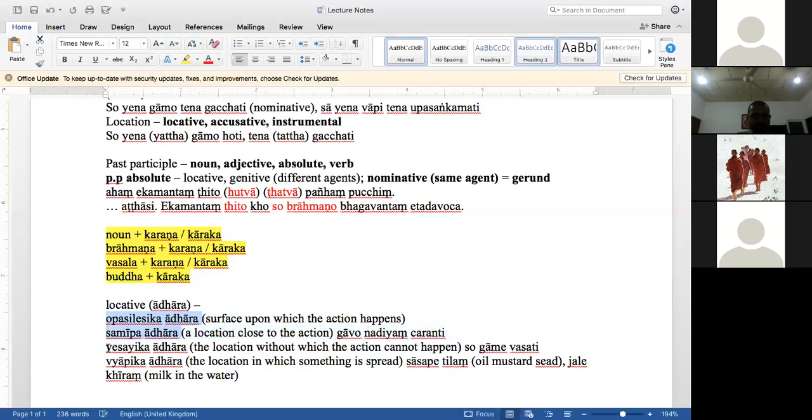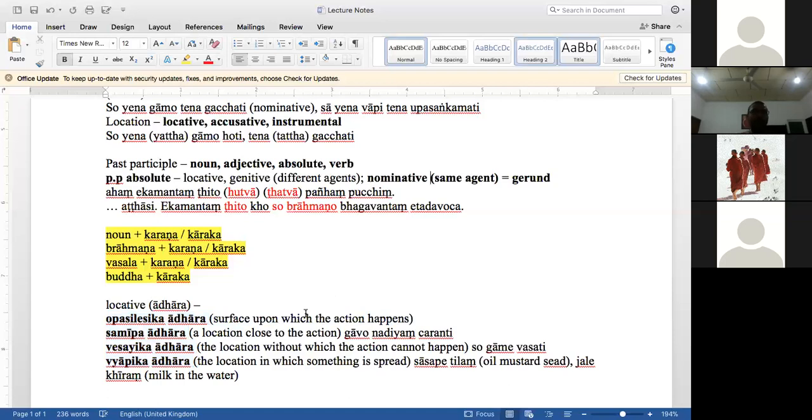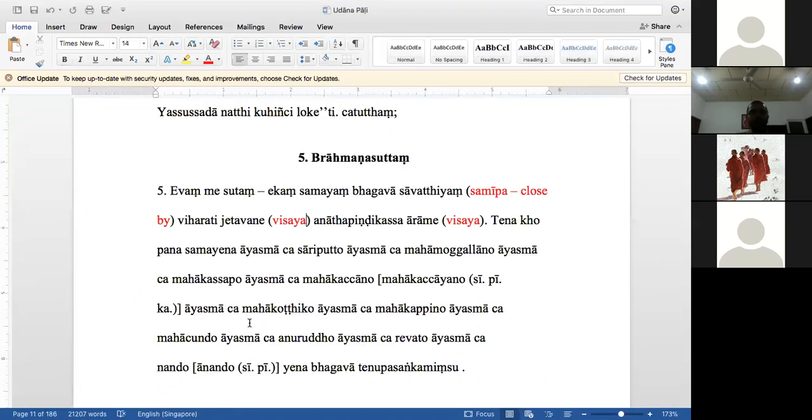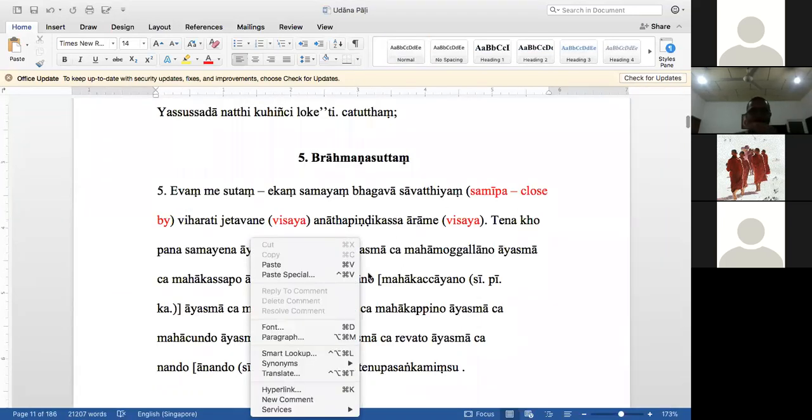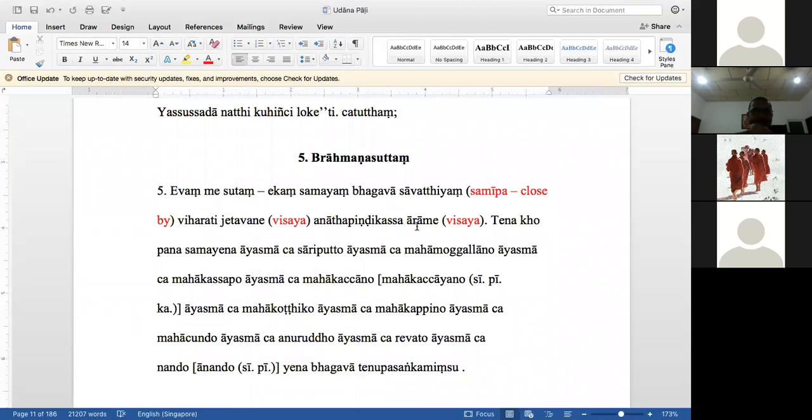So when you go into the sutta, we find that Savatthiyan is in the locative case, Jetavane is also in the locative case, and Arame is also in the locative case. Savatthi was in a certain area. Jetavana was close by, not in Savatthi, according to the tradition.